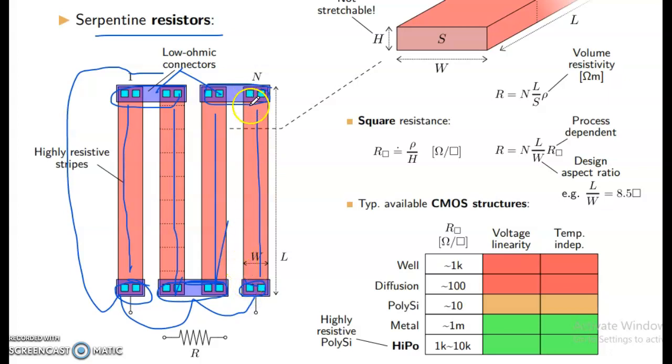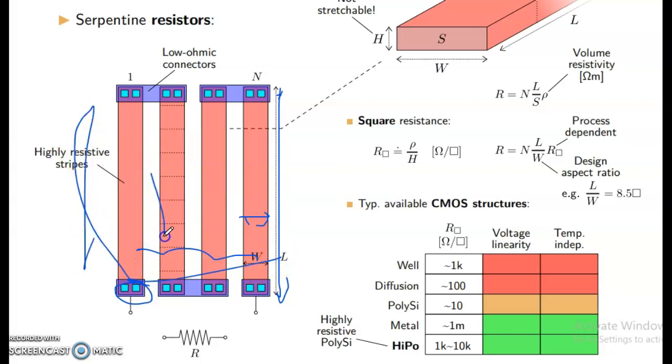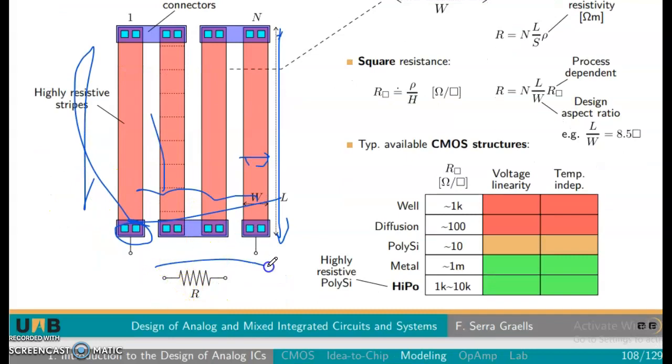Here this length is L, here width W, here also. This is R, so this is high resistance.